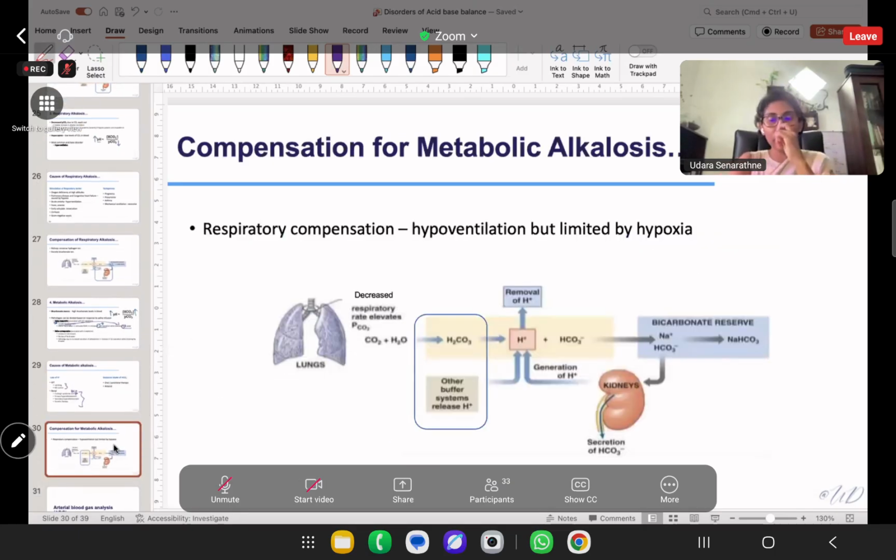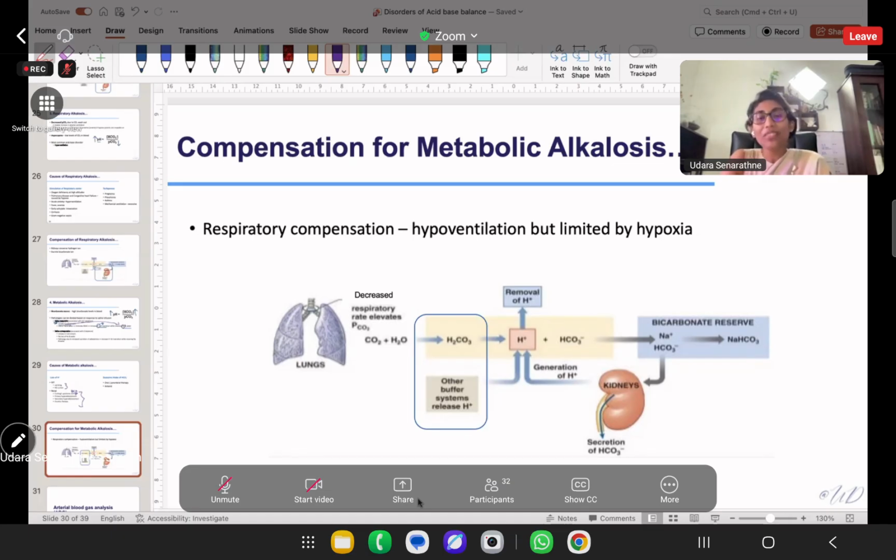So how are you going to compensate metabolic alkalosis? If it's metabolic, you have to compensate by respiration. So how are you going to compensate with a respiratory mechanism? That is by keeping more carbon dioxide. And how are you going to keep more carbon dioxide?